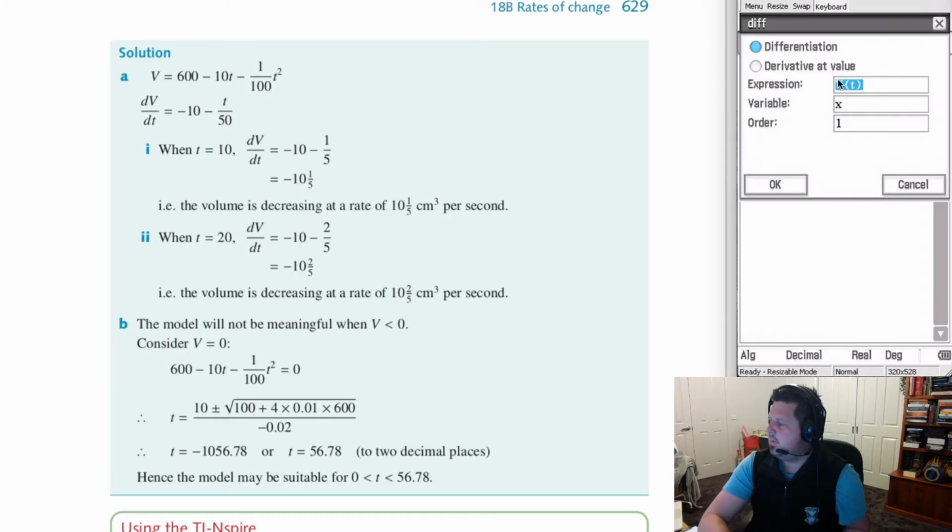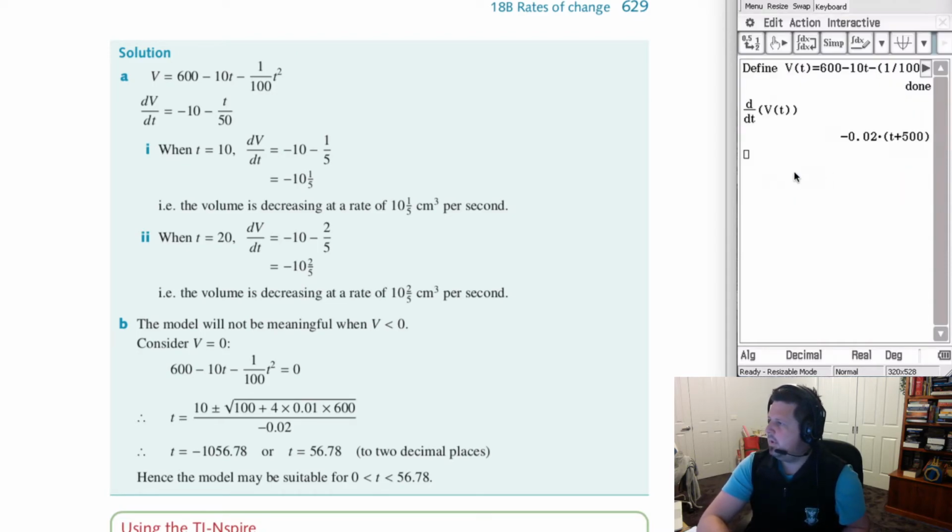Here's what we want to differentiate, which is the function which we've defined. The variable is t, just leave order as 1. We click OK, and it will give us the derivative. Again, you can click on standard and press execute, and it will give it to us in the standard format. Perfect. So we could get the derivative that way on our calculator.